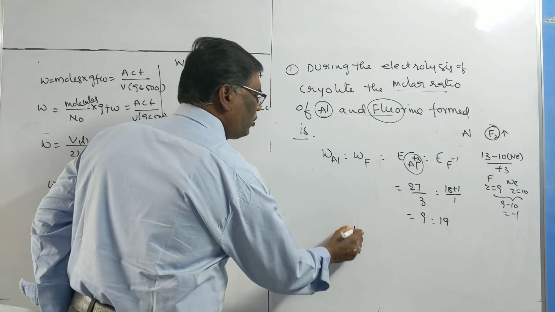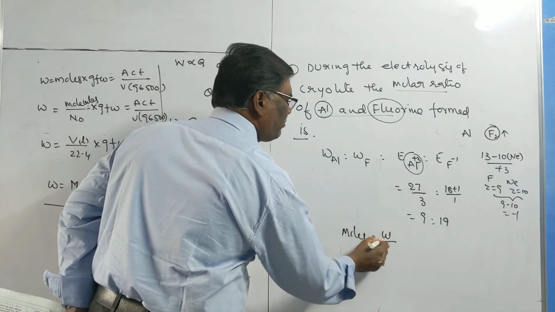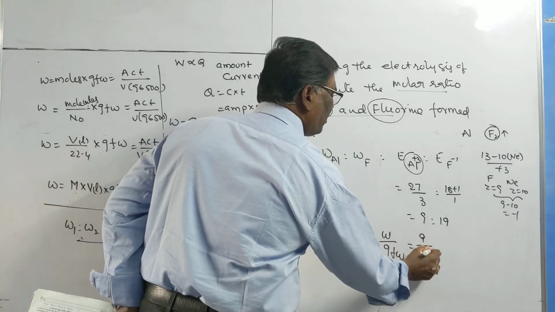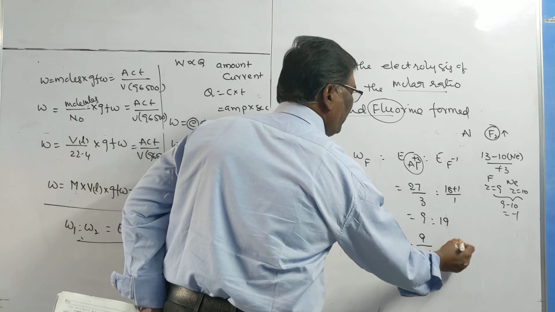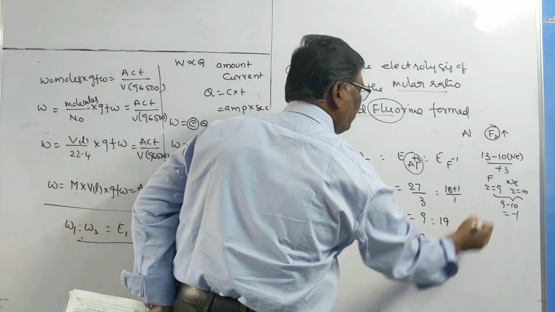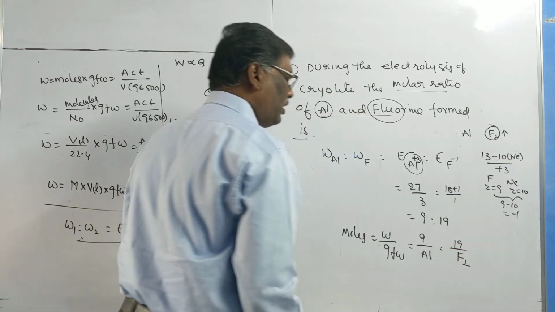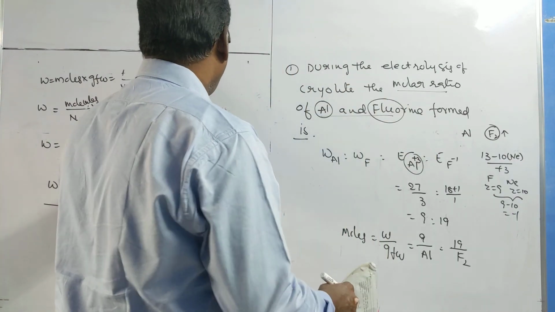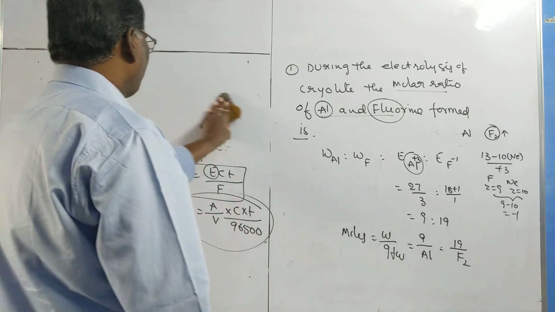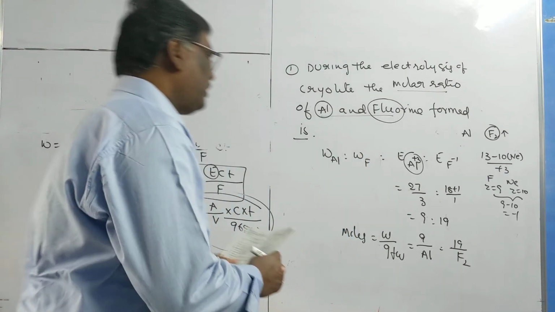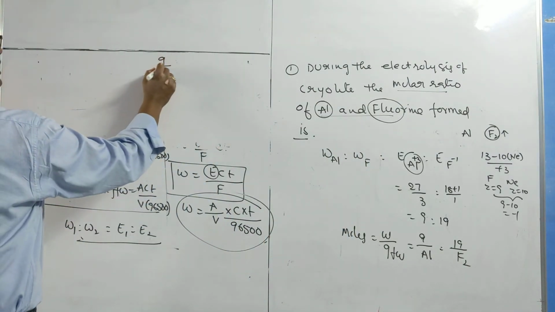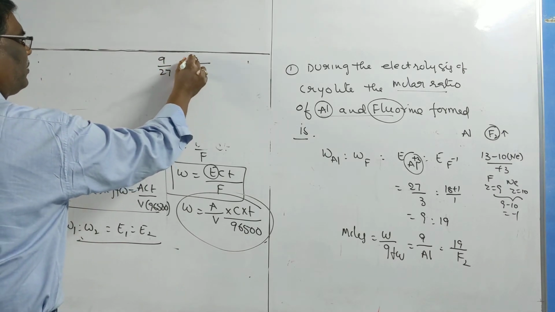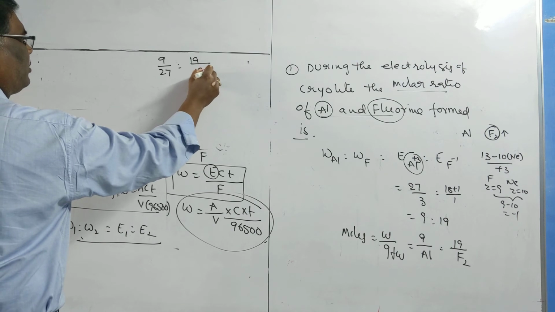Now we want moles. Moles formula is weight by gram formula weight. Weight is 9, aluminum formula weight Al. Now here weight is 19, the formula is F2. Now on simplification we get 9 by atomic weight of aluminum, which is 27, is to 19 by fluorine, 19 into 2.